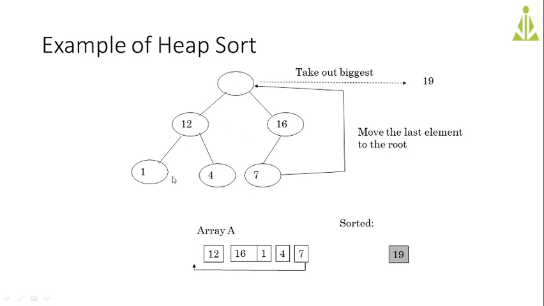First, we take out the root node because that is the biggest one, and move the last element to the root. Send the last element to the root, and 19 is sorted because it is the largest element in the given array.